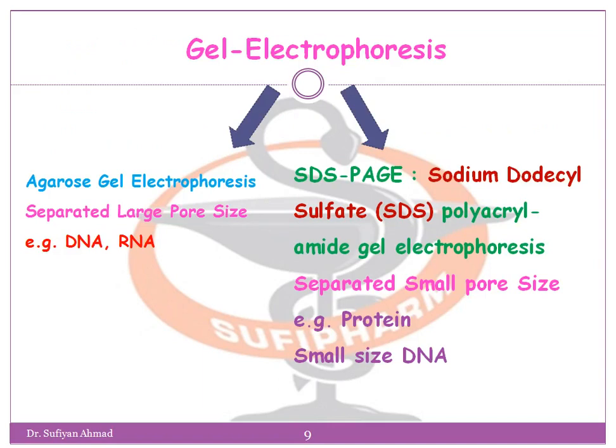Agarose gel electrophoresis is generally used to separate molecules with large pore size like DNA and RNA, and polyacrylamide gel electrophoresis is used to separate molecules with small pore size, for example proteins and small size DNA.